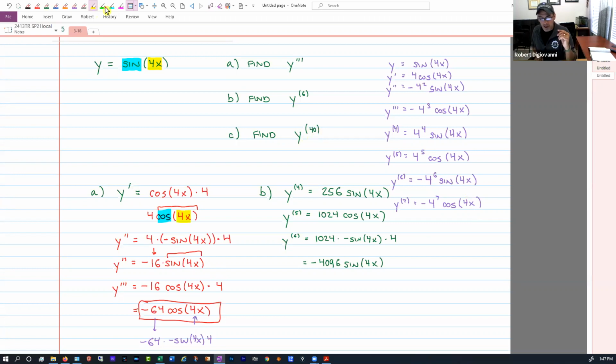So let's talk about whether or not we get sine or cosine. Do you agree that if you look at all the odd derivatives, I have cosines, right? And everything that's even, second derivative, fourth derivative, sixth derivative, those all give me sines. Do you agree?